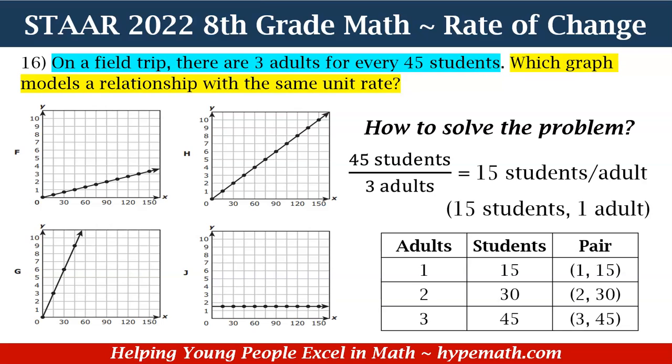So in order to solve this problem, we need to look at our graphs and see which one shows our points. It is 1, 30. Oh, y'all see Miss Jackson messed up.